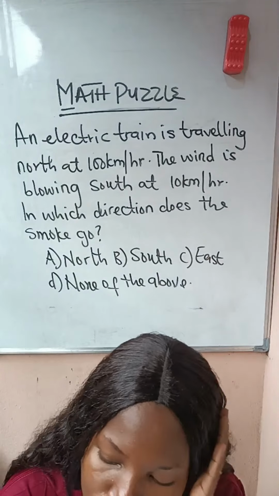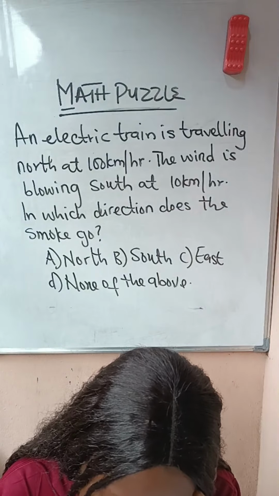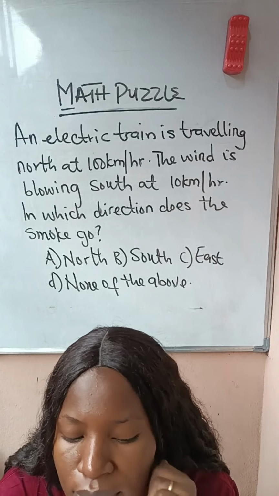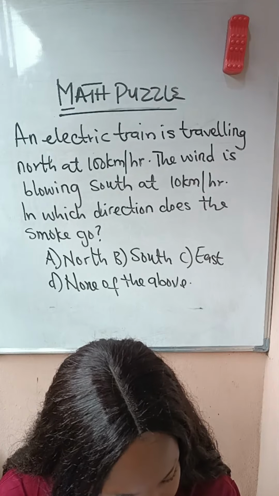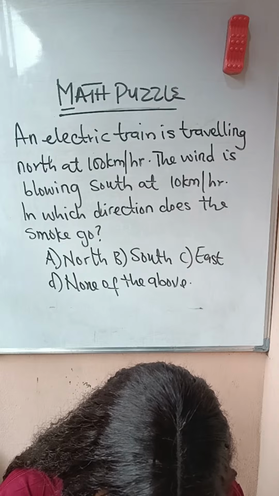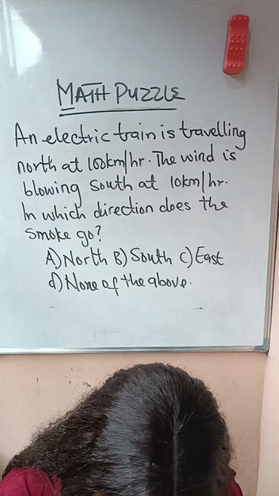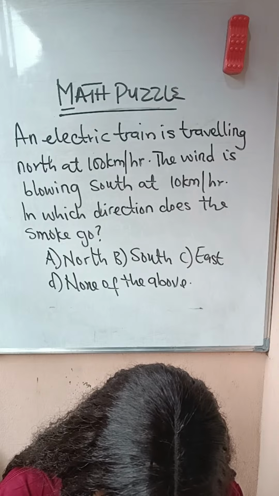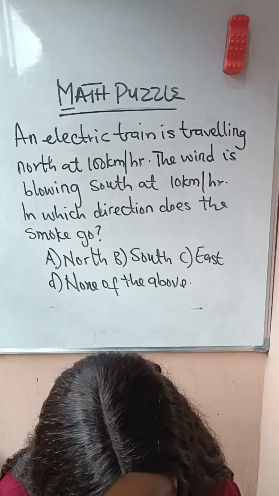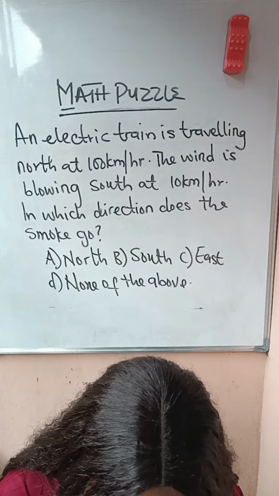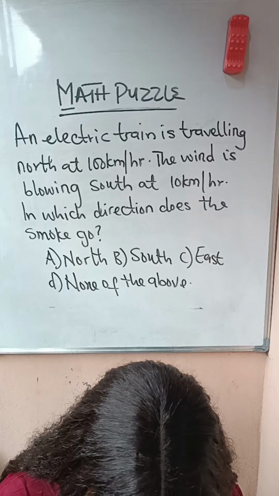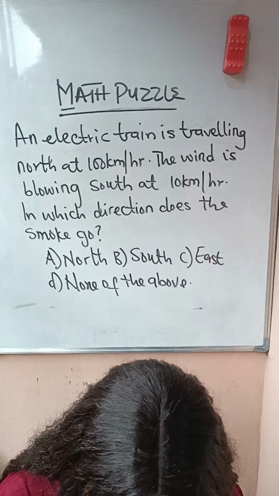So let's go. I have D. An electric train is traveling north at 100 km per hour.